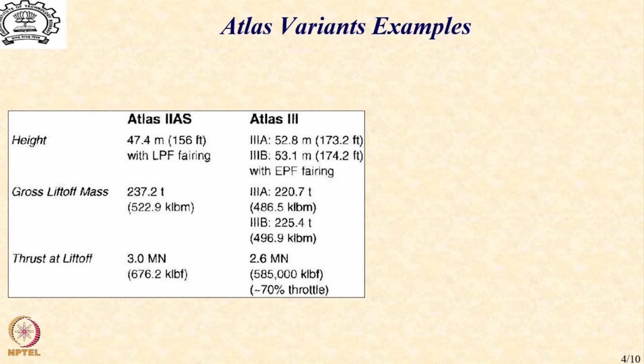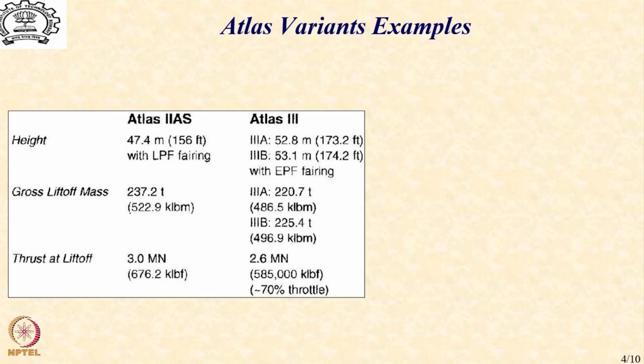And you will see here that I have given two versions of Atlas. One is called Atlas 2AS and the other one is Atlas 3. If you look at the numbers, like for example height, instead of 47 meters you have 52 meters, which is about 5 meters higher.